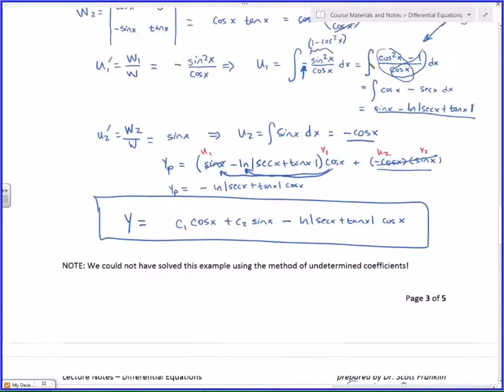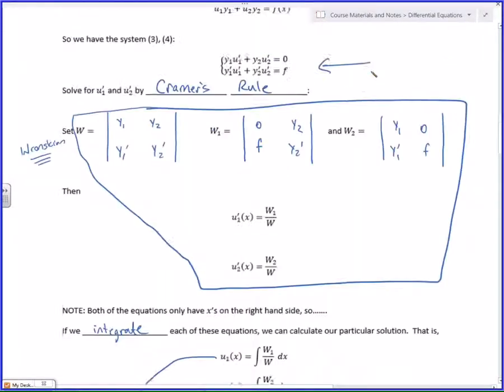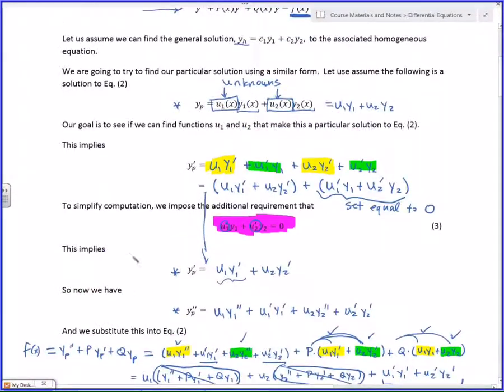Way back up here when we were deriving the method, I set yp equal to u1 y1 plus u2 y2. Now we're going to have 3 of them. It would be u1 y1 plus u2 y2 plus u3 y3, because it's a third order. If it's nth order, there'd be n of them.